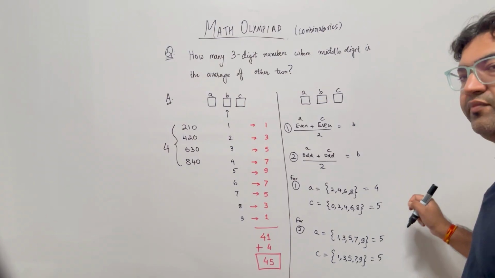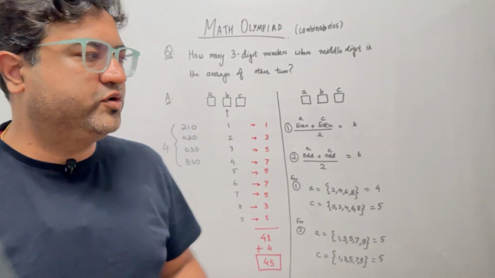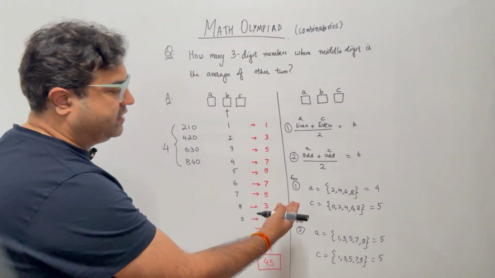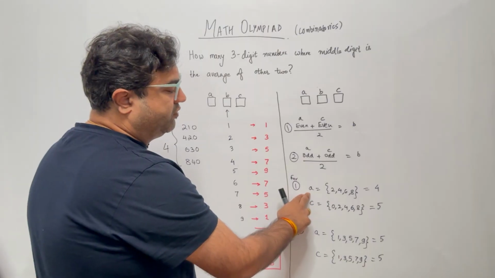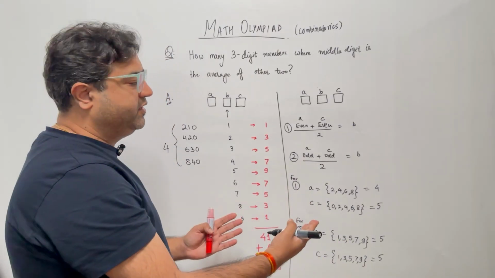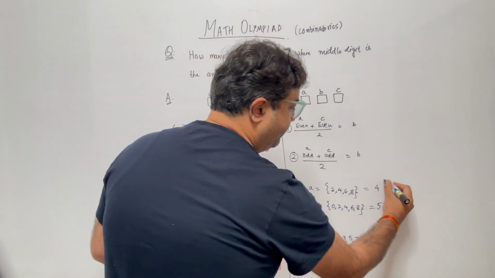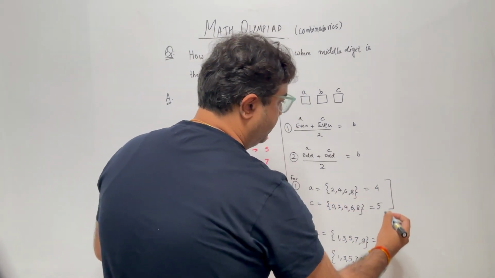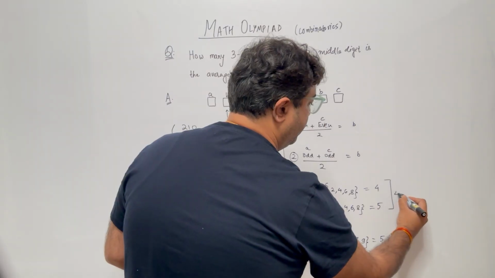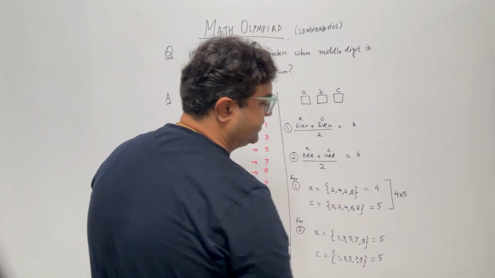So how we are using combinatorics here is we need to find how many ways we can form pairs of A and C. For the first case, we can have 4 into 5 pairs.